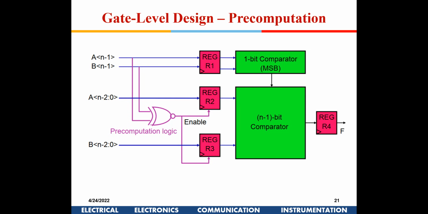Now suppose a condition arises where you are doing a lot of computation, and in some particular line of the program it is 0 into 64. Will I load 0 and 64 and do the total cycles? No, because the input pattern says it is 0. Now I know the output will be 0, so I can skip that entire computation depending on the input pattern. This is known as the gate level pre-computation technique.